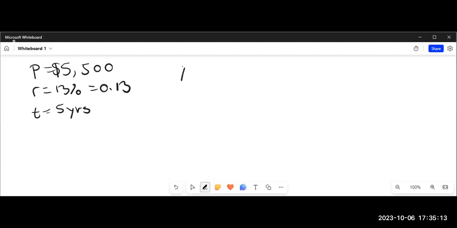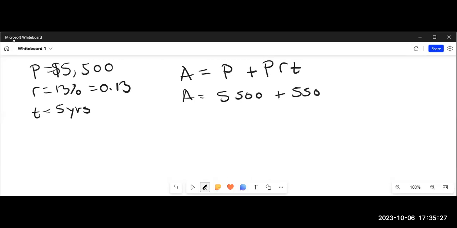So the total amount that she pays back is going to be her principal plus her principal times her rate times her time, which is the interest. So she's going to pay 5,500 plus 5,500 times 13% times 5 years.